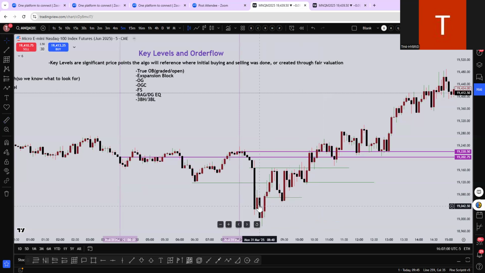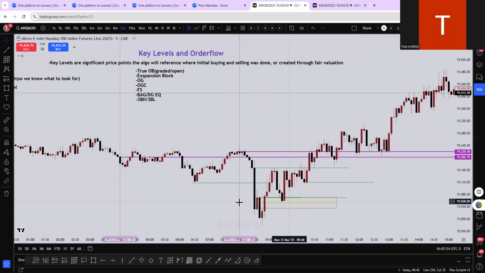If you notice, this down candle closes below this 3-candle swing low, which means it's an order block candidate. We close above its opening price, so this becomes a valid bullish key level. And inside of this order block, we have a gap.